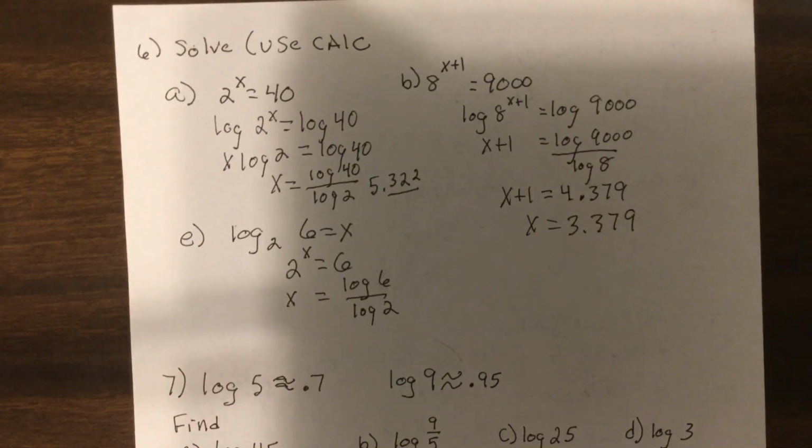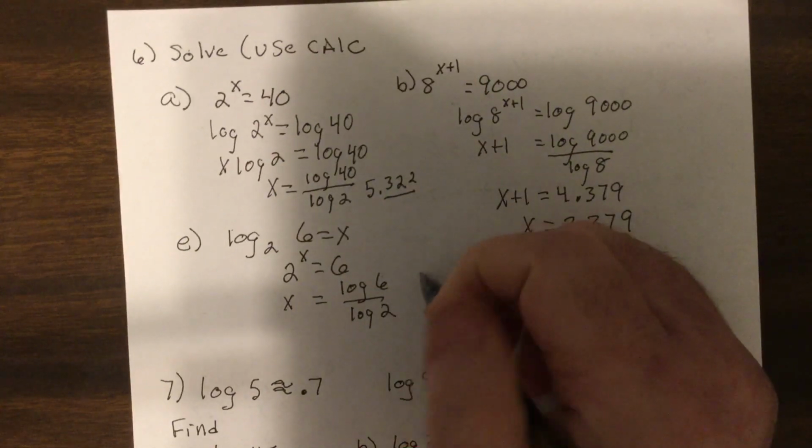Now, there is something called a change of base formula if you want to memorize a formula or not. So, I'm going to go log of 6 divided by log of 2. And I get 2.5 something.